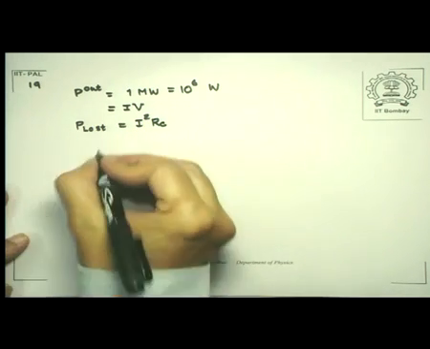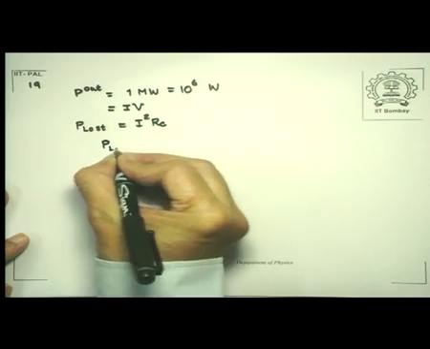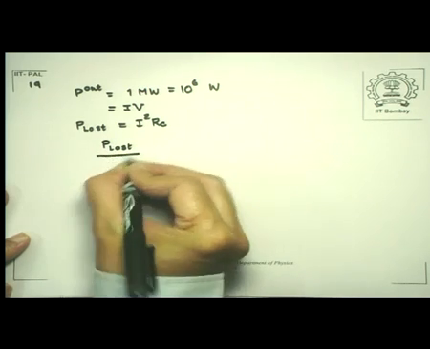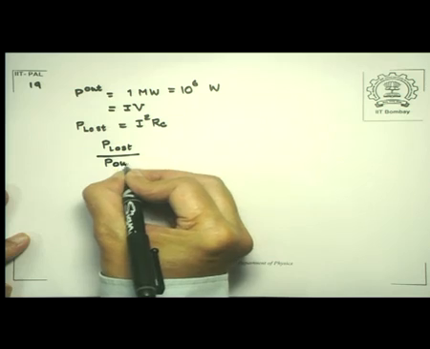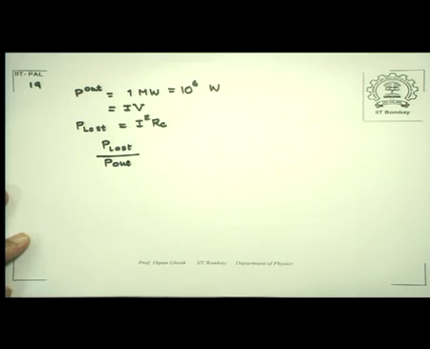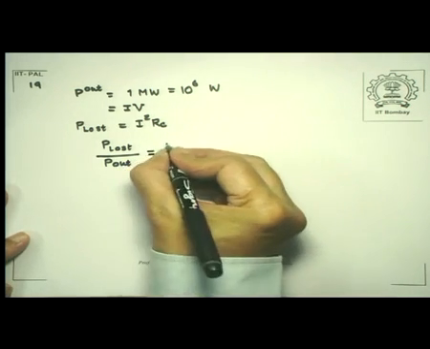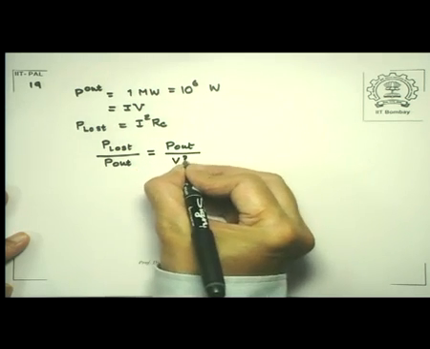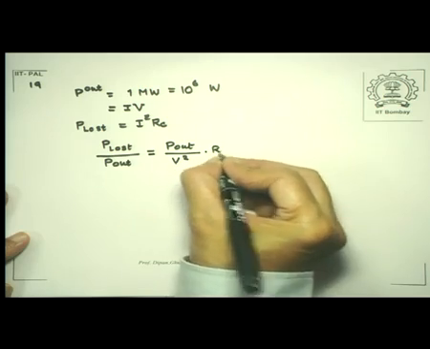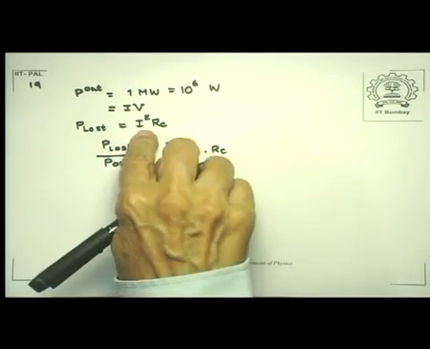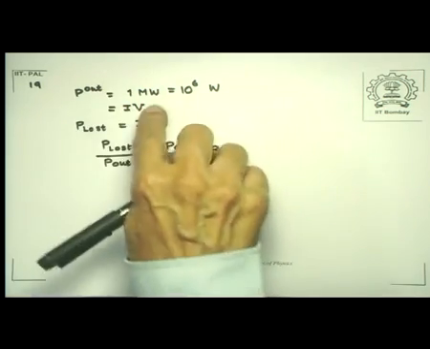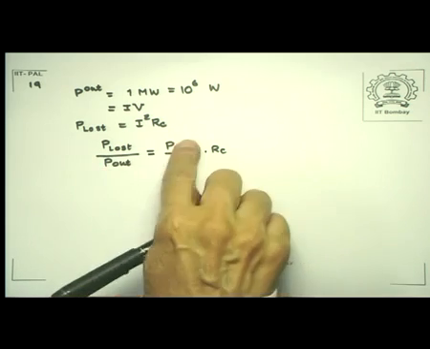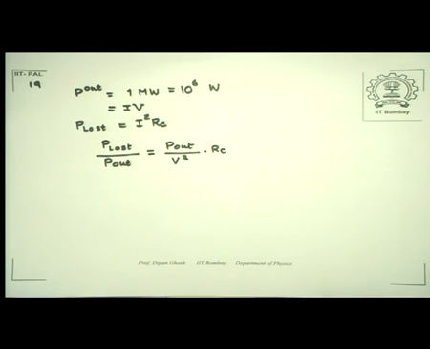If you compare these two, I get a relationship between lost power and power out. That is equal to power out divided by V square times RC. That's very simple because this is I square. So I square is P out square divided by V square, and I have a P out here.